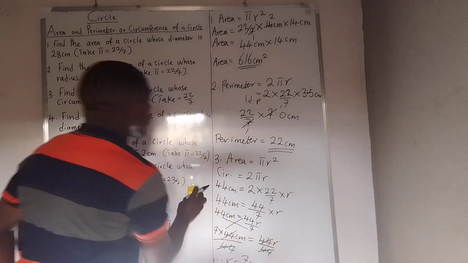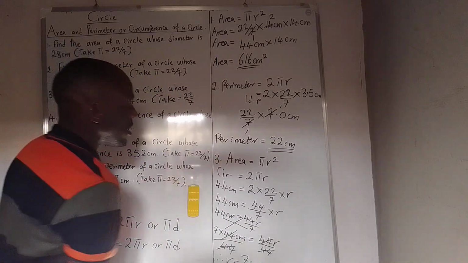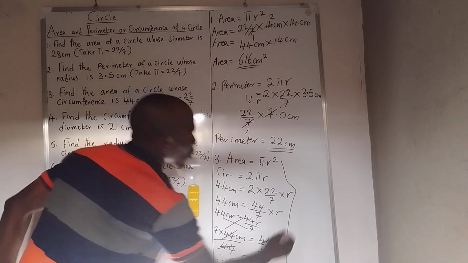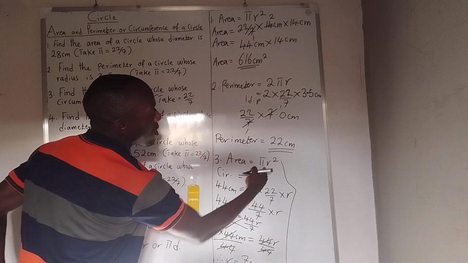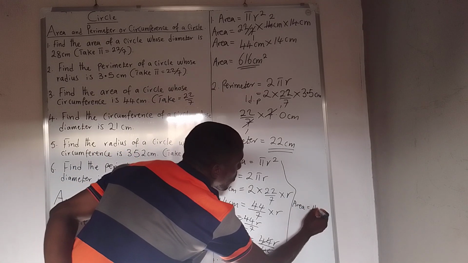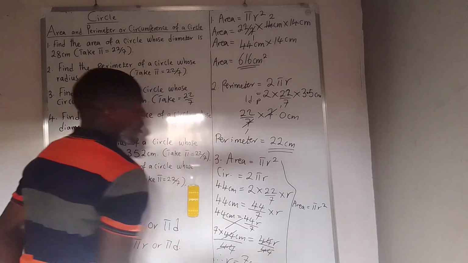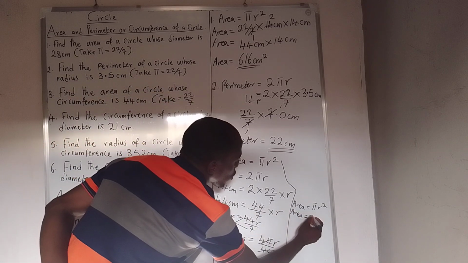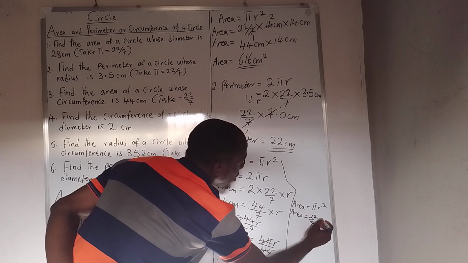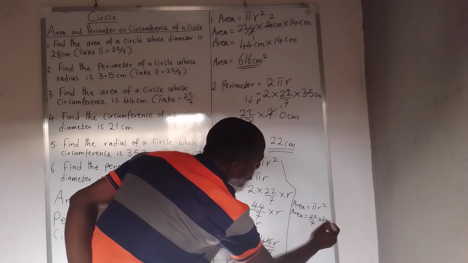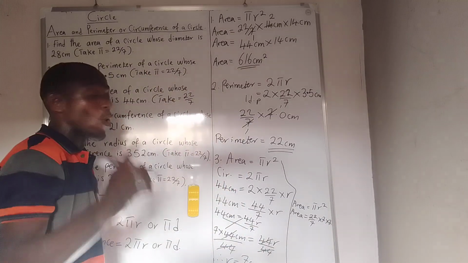Now we can quickly solve for the area of the circle. Let me quickly minimize this space to get our area. Remember, our area is pi r square. Our area is now equal to 22 over 7 multiplied by r squared, which is 7 multiplied by 7, since our radius is twice.